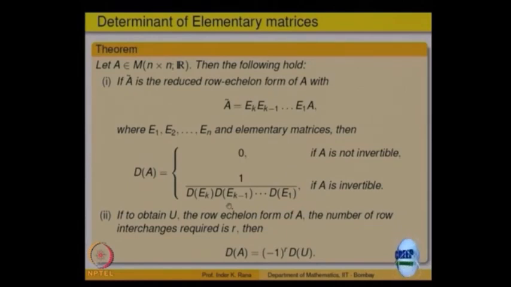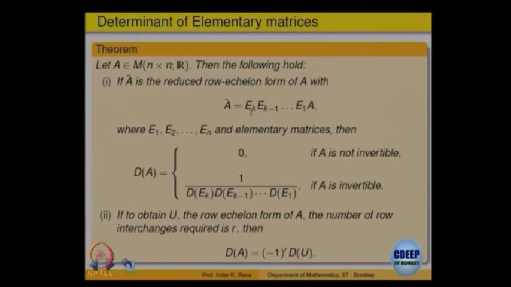Now, keep in mind, if these elementary row operations involve only interchange of rows, say, and there are r of them to bring it to reduced form, then how many times will minus 1 come? Each interchange will give you a minus sign.